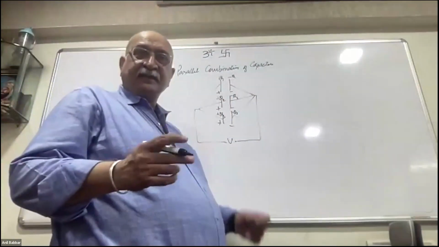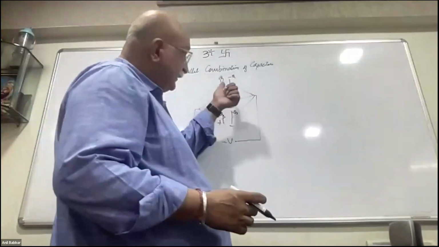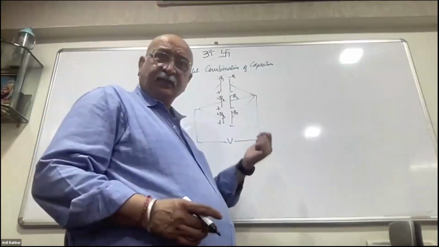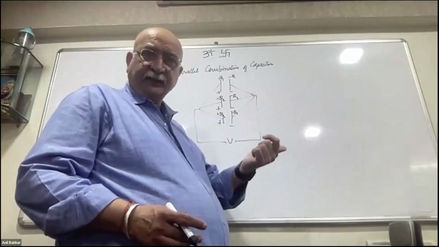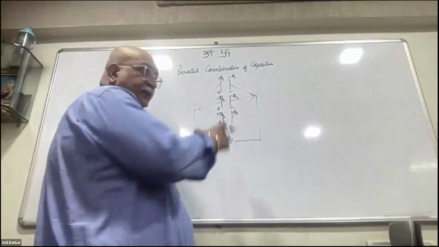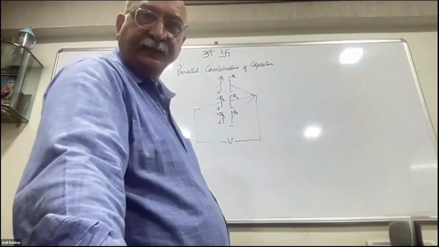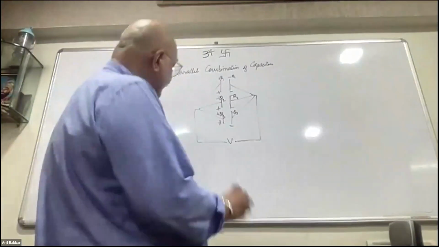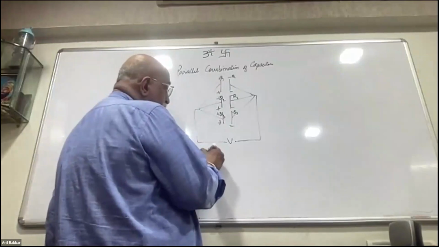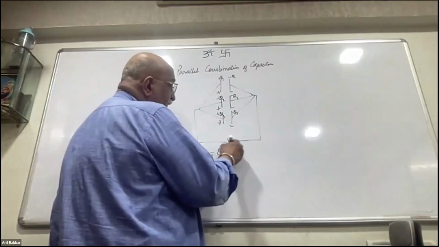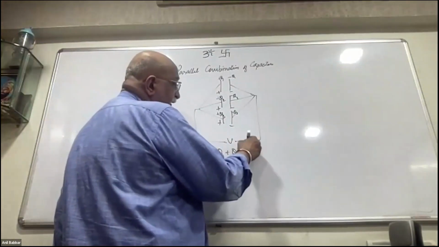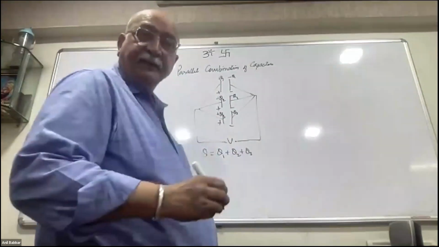So the total charge on a plate is given by CV, or C1V. The total charge stored in the combination of these capacitors is Q equal to Q1 plus Q2 plus Q3. Right?